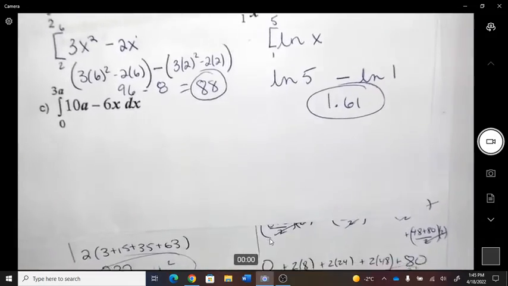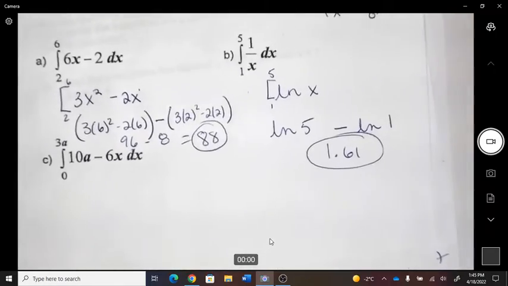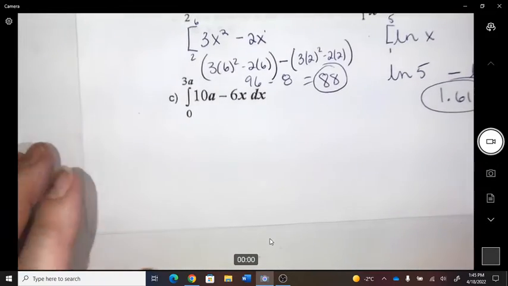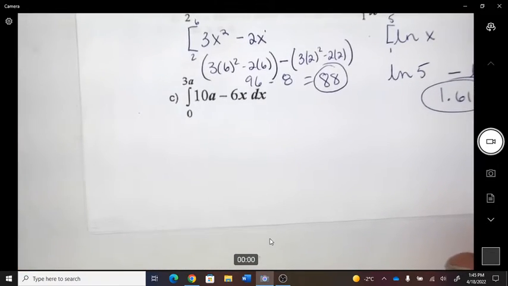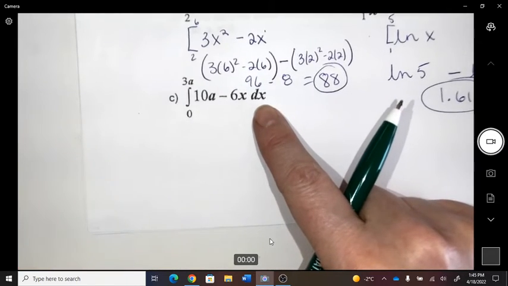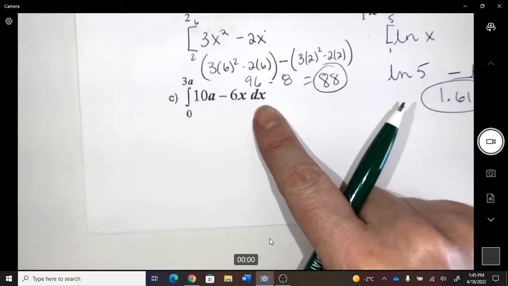Okay, C, there's definitely one of these on your test. So here's the thing to remember on C. 10a is a number. 10a has nothing to do with a variable. 10a is a number. The variable you're dealing with is x. So don't antiderive anything with respect to a.